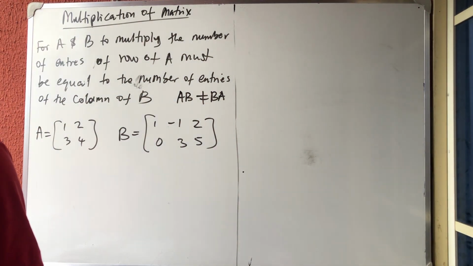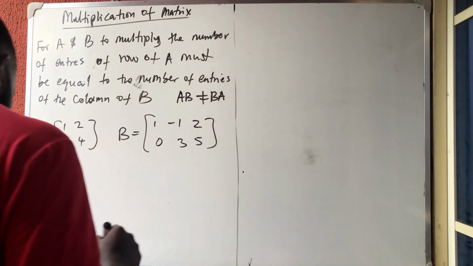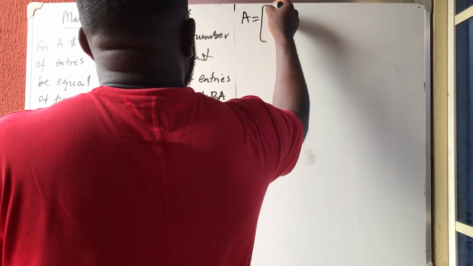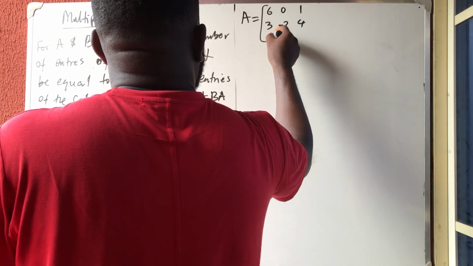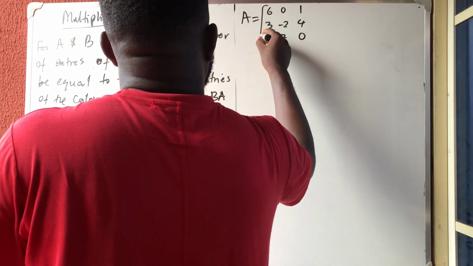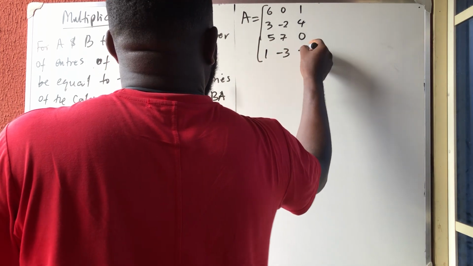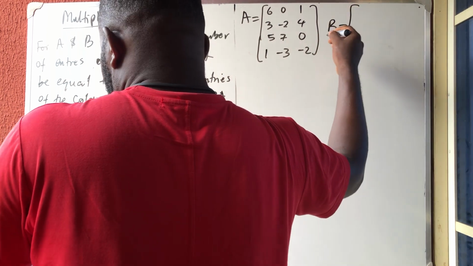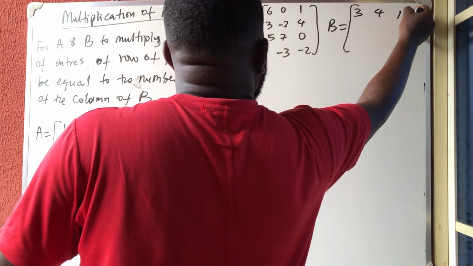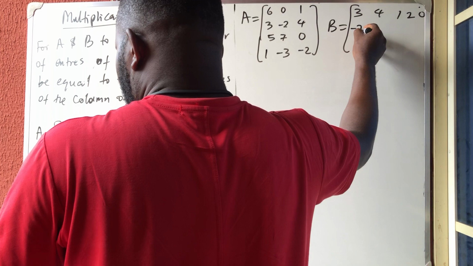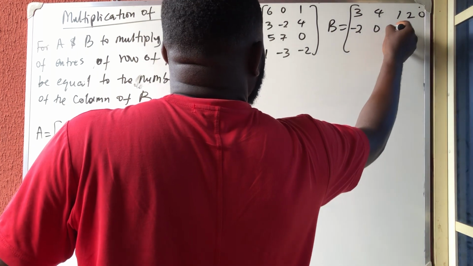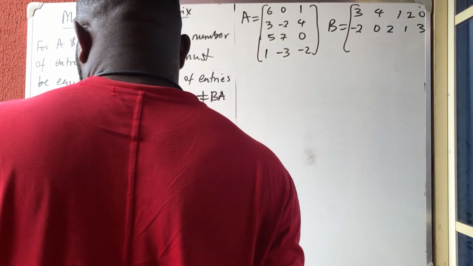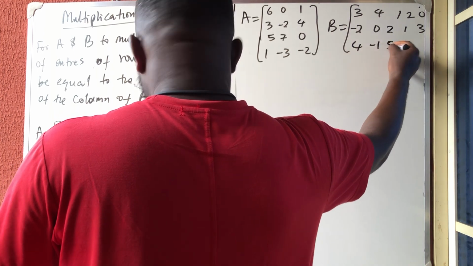I have that A is equal to 6, 0, 1, 3, minus 2, 4, 5, 7, 0, 1, minus 3, minus 2, and B is equal to 3, 4, 1, 2, 0, minus 2, 0, minus 2, 0, 2, 1, 3, 4, minus 1, 5, 3, and 6.